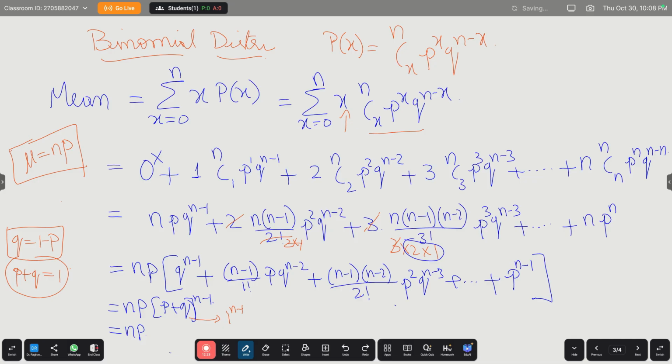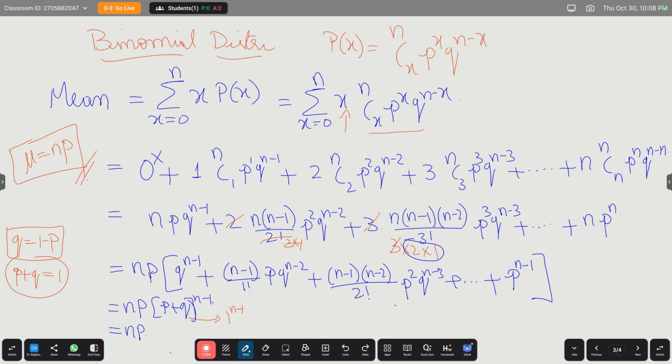Once you take common terms outside, you will be left with p plus q power n minus 1, which is actually 1. So that shows that mean of binomial distribution is np. So hope you understood how to derive the mean of binomial distribution, and very easily you can do that.